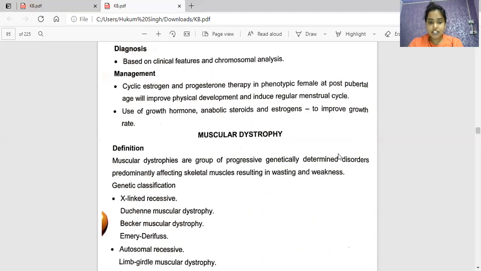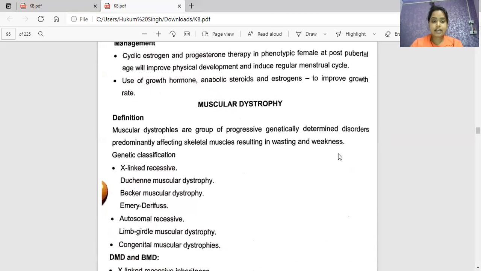Genetic classification: X-linked recessive disorders like Duchenne muscular dystrophy, Becker muscular dystrophy, and Emery-Dreifuss. Those are the three types of X-linked recessive, and autosomal recessive are limb-girdle muscular dystrophy and congenital muscular dystrophies.